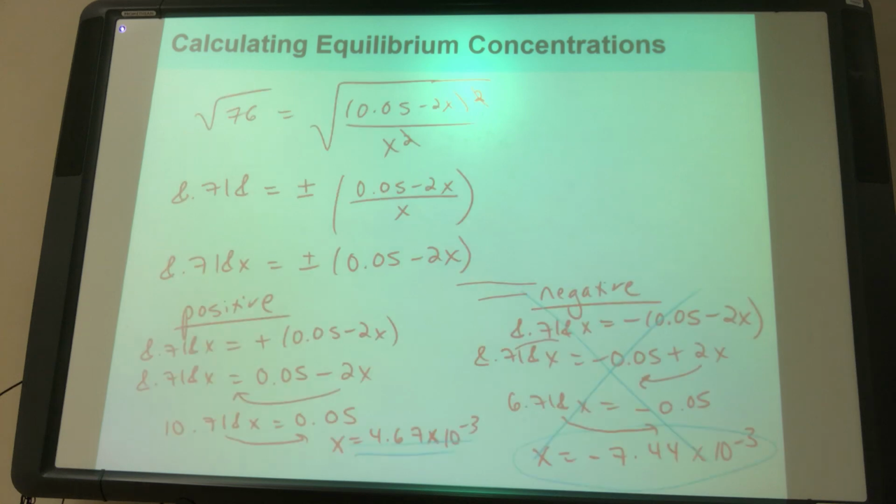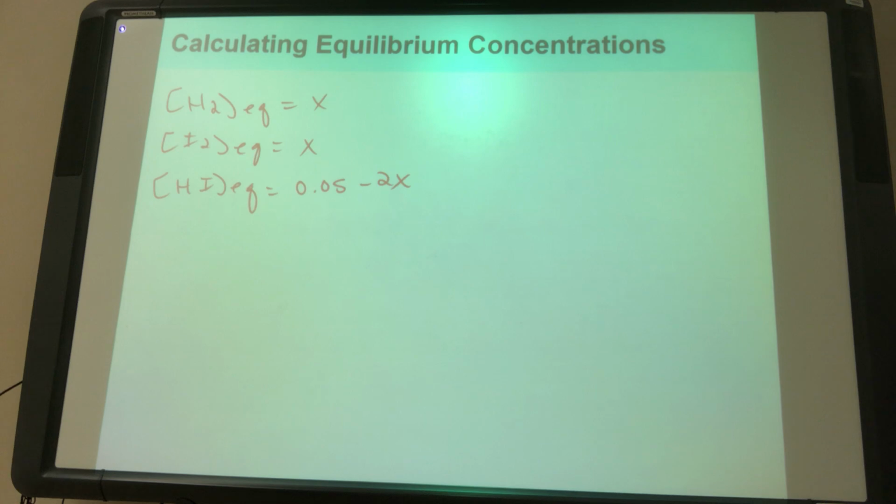Okay, so we said it can't be the negative because it can't have a negative concentration, so it's got to be this guy. So my x was 4.67 times 10 to the negative 3.